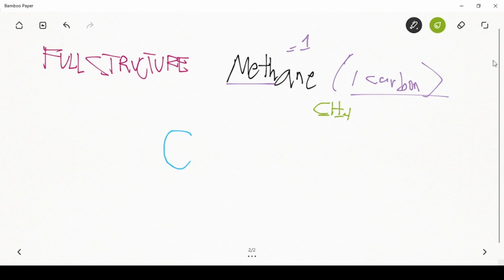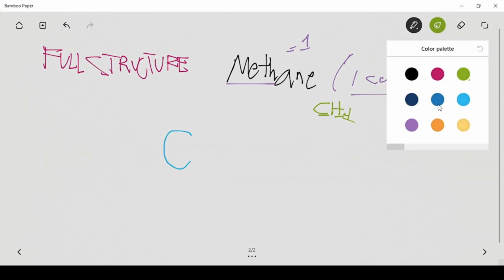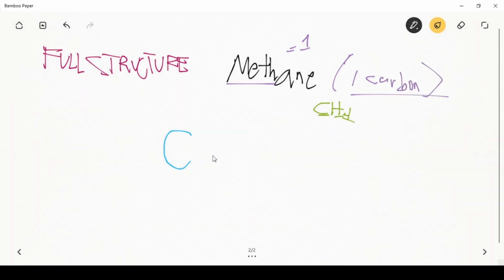Now, in writing the structure, this carbon is surrounded by hydrogens. Okay, so the number of hydrogens in methane is 4. Therefore, we're going to write four hydrogens here. One at this side, one at the other side, one at the top, and one at the bottom.